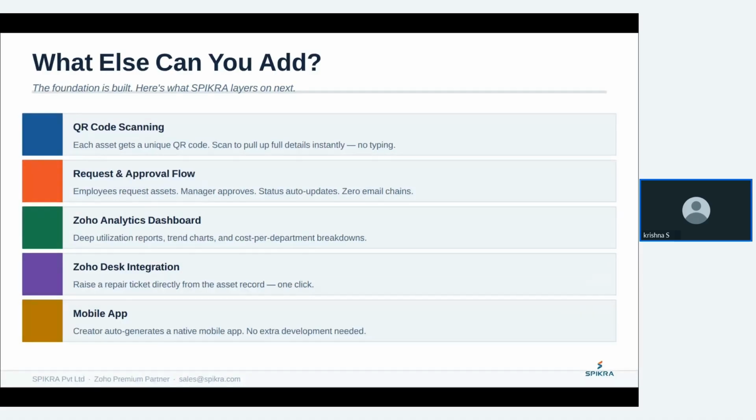And mobile app: there is a function to convert this app into an iOS and Android app. You can quickly create it through the API version, and you can deploy that into the App Store or Play Store.